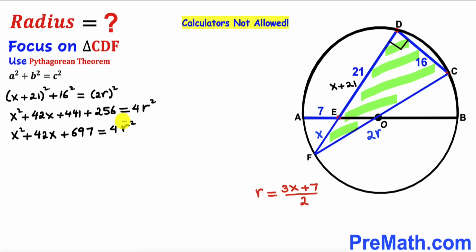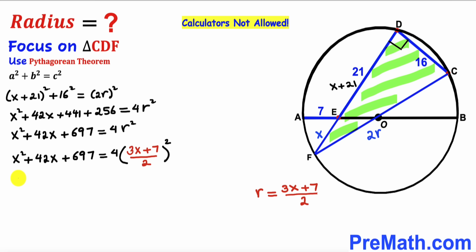And now let's focus on this radius lowercase r. We know our radius lowercase r value is (3x plus 7) divided by 2. So therefore I'm going to replace this lowercase r with (3x plus 7) divided by 2 over here. As you can see in this next step, I have replaced this lowercase r with (3x plus 7) divided by 2.